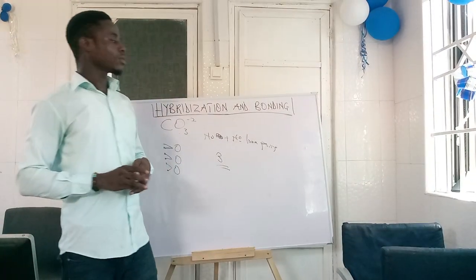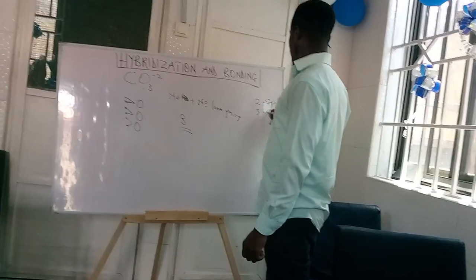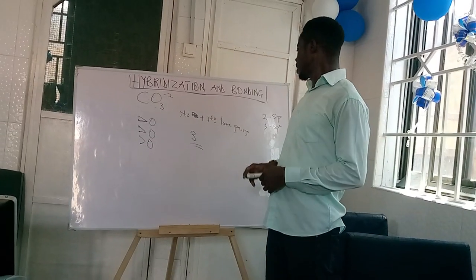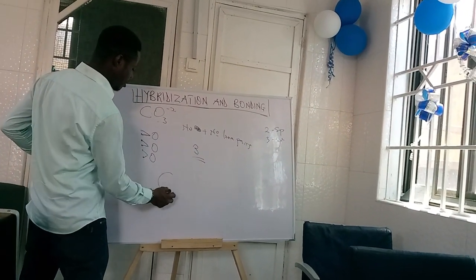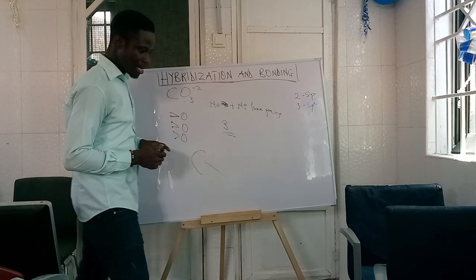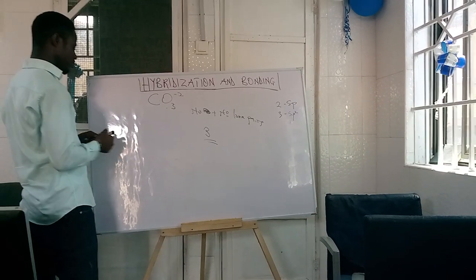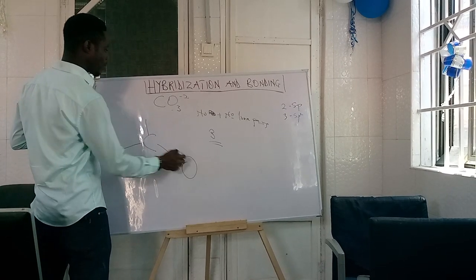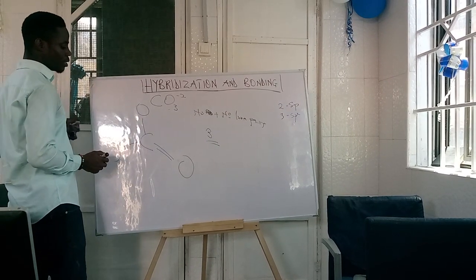So from the chart, we said that if I have 2, it is sp hybridization. 3 is sp2. So the type of hybridization existing in this is sp2 hybridization. Very interesting. Let me illustrate something for us to see the concept. There are 3 oxygens. So one of them will pick a double bond like this.